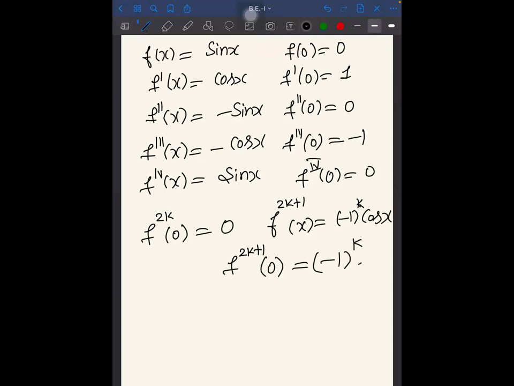This is something which we have already done in series. Okay, so now we have n equal to 2k+1. Now we want to write it as T_n(x) + R_n(x). Am I right?